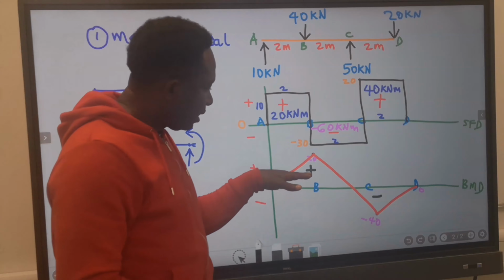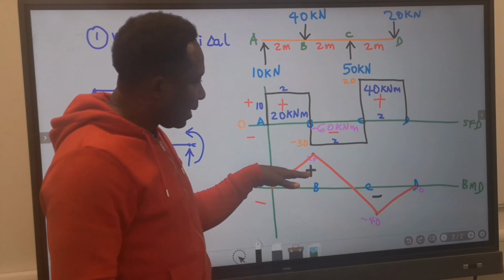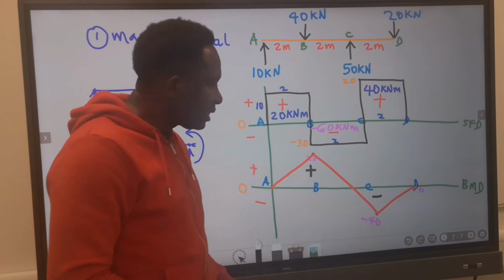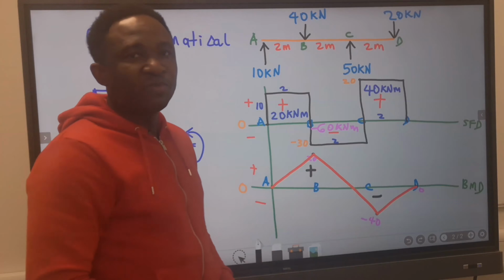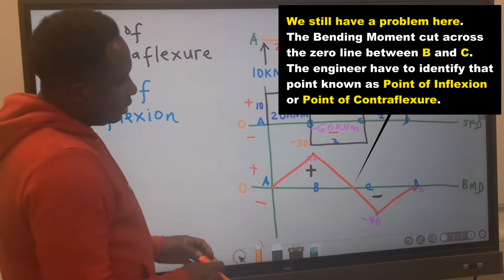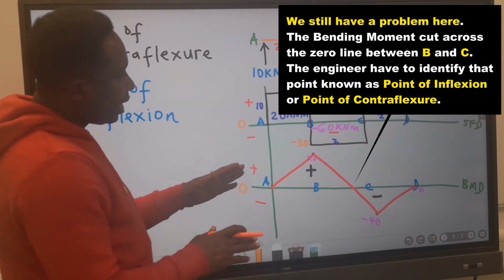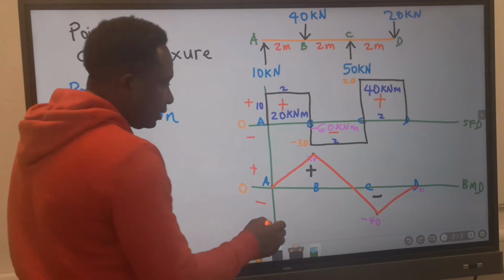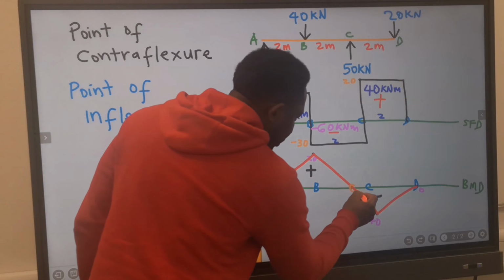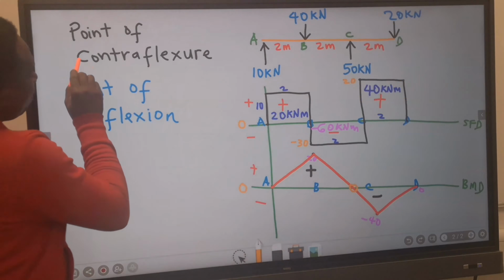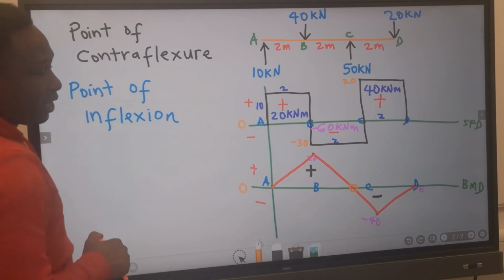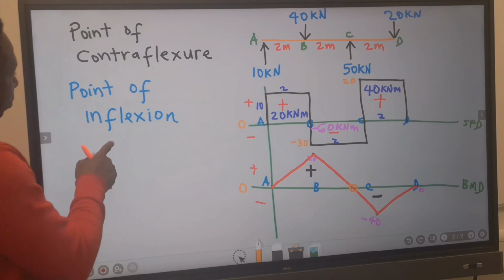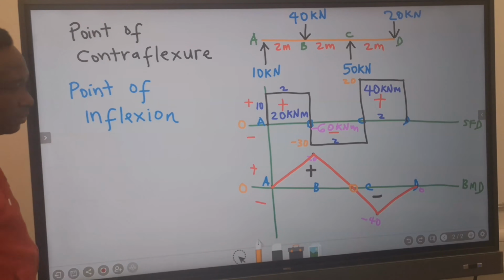This is the positive part of the bending moment diagram, and this is the negative part of the bending moment diagram. The point where the bending moment diagram cuts the zero line is known as point of contraflexure. We can also call it point of inflexion.